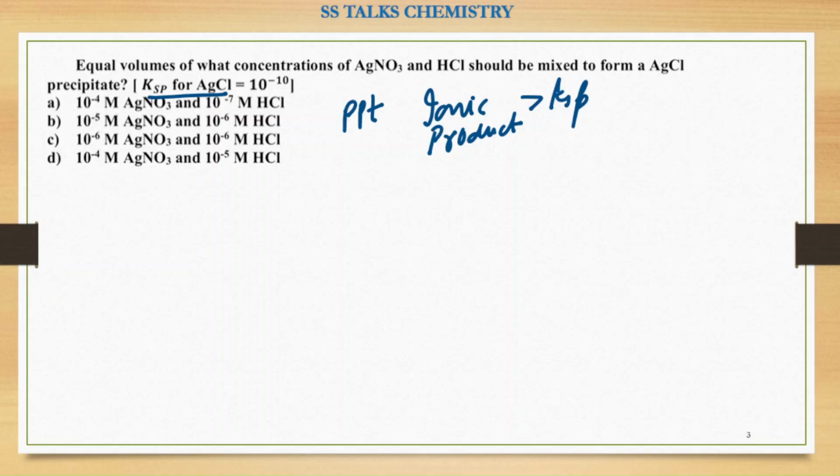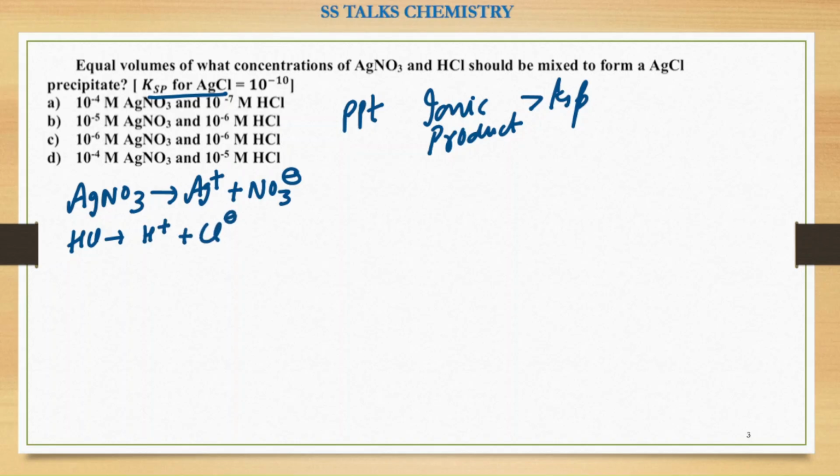So we are forming the precipitate by mixing AgNO3 and HCl. AgNO3 is going to give you Ag+ and nitrate ions, whereas HCl will give us H+ plus Cl-, right? So what we need to form the precipitate of AgCl is the concentration of Ag+ and the concentration of Cl-.